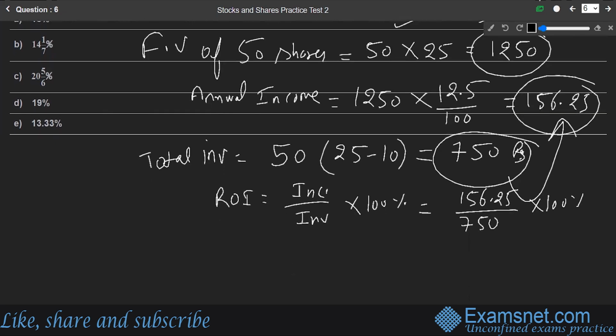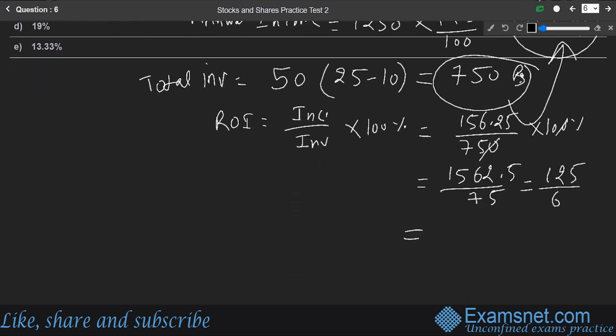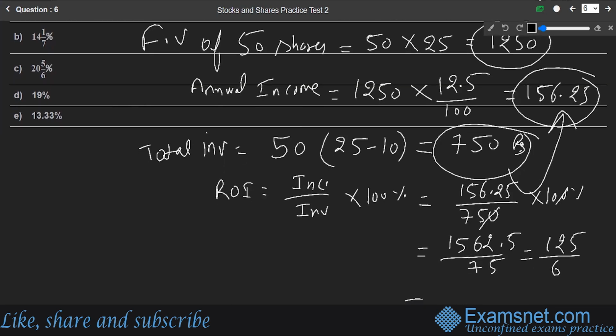Okay, so if we solve this clearly, we can cut down the zeros first. Zeros are gone. So we can write down this 156.25 divided by 75. If we cut both the numbers by 5, we can get to the actual value. The actual value is coming out to be 125 by 6. Okay, 125 by 6 is the actual one coming, which can be written in mixed fraction, because it would have given the value in mixed fraction and decimals also.